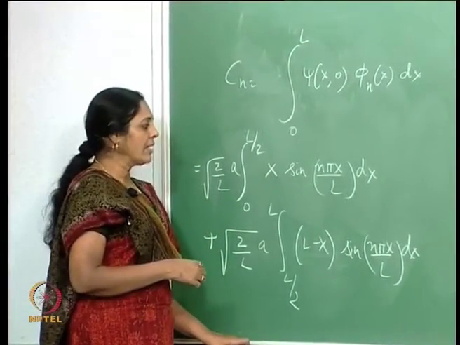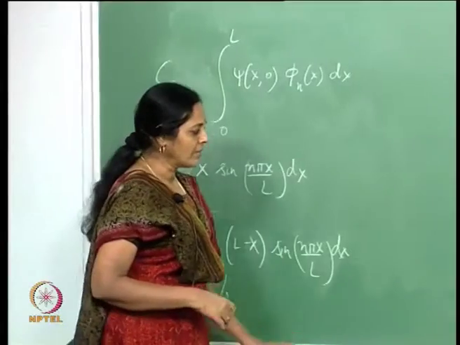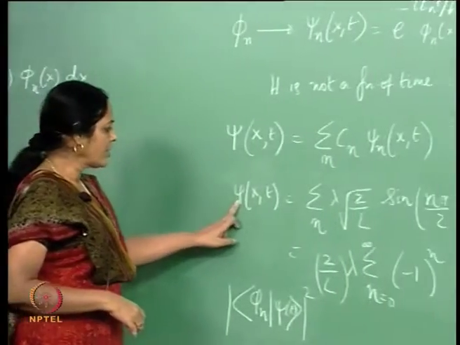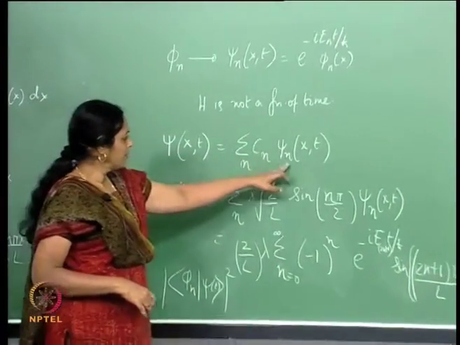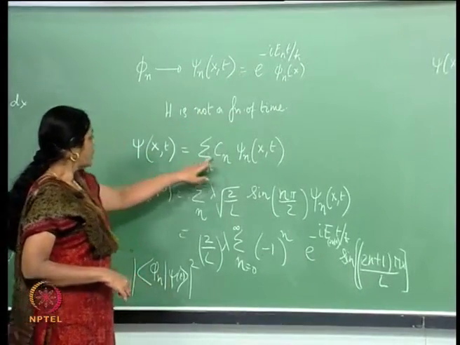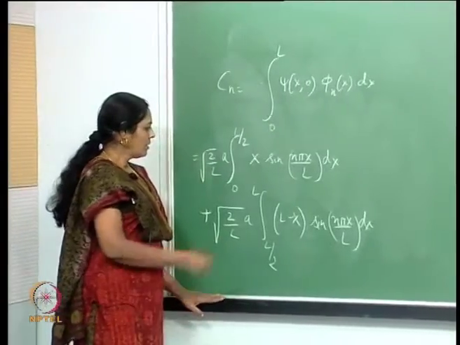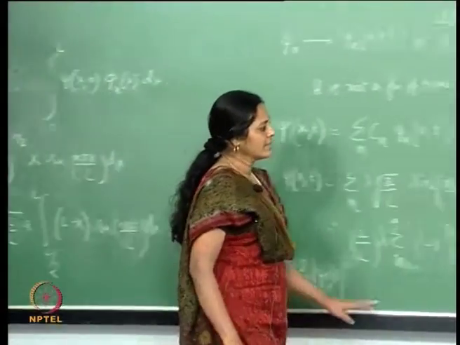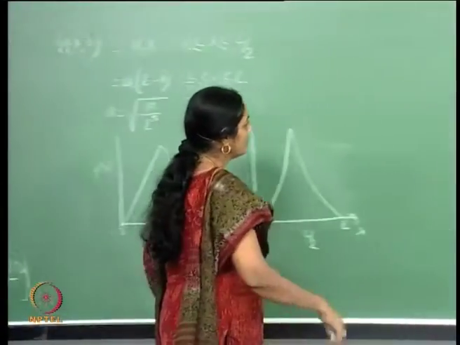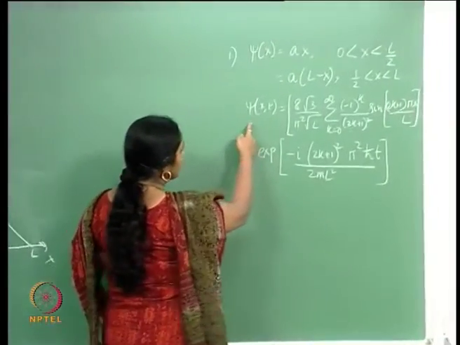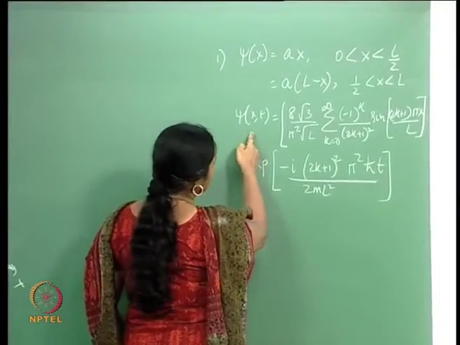So, this is the object that I have to find. This gives me Cn, and I substitute it back and get psi of x t because everything else is known. Psi n of x t is known and Cn's are these. Now, if you did that, you get this to be psi of x t.